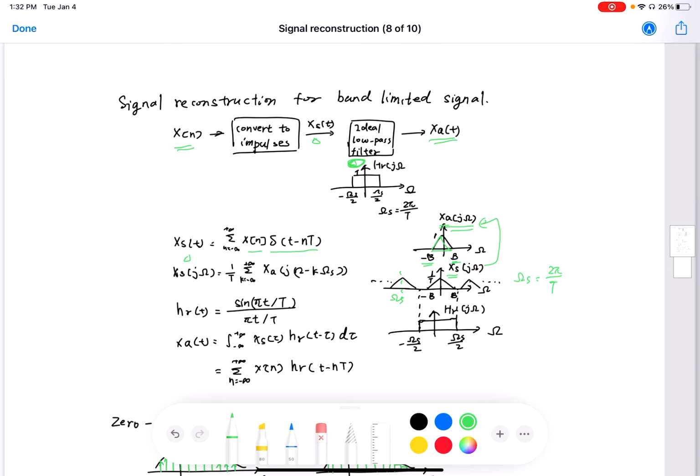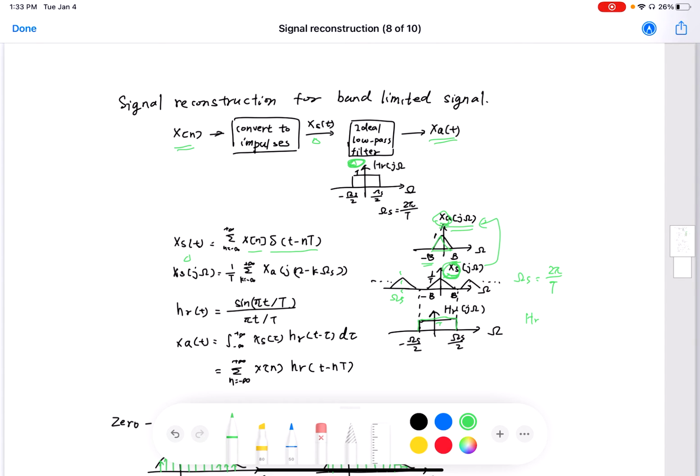When we do reconstruction, we don't have xa, but we have xs. How can we reconstruct xa from xs? We just multiply by this low pass filter, and the height of this filter is capital T. By multiplying xs and Hr, we can reconstruct xa.